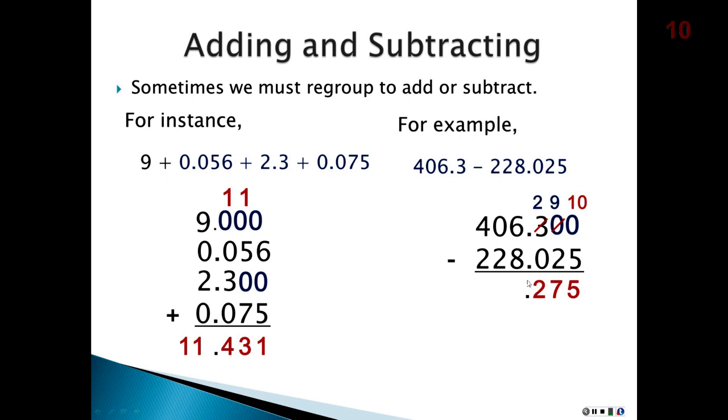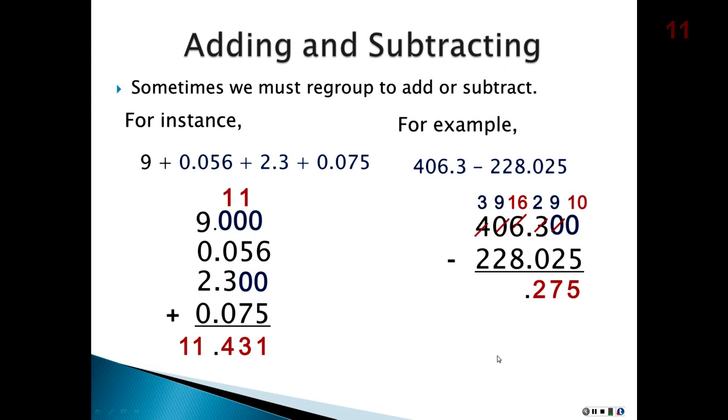Now, can I take 8 from 6? No, so I got to borrow. But when I go to the next place value, it's a 0, so there's nothing to borrow there. So I have to go all the way to 4, make it a 3 when I borrow, go to the 0, make it a 10, and I have to borrow 1 from the 10. And now the 6 will become 16 because now I've had to borrow and got my 10.